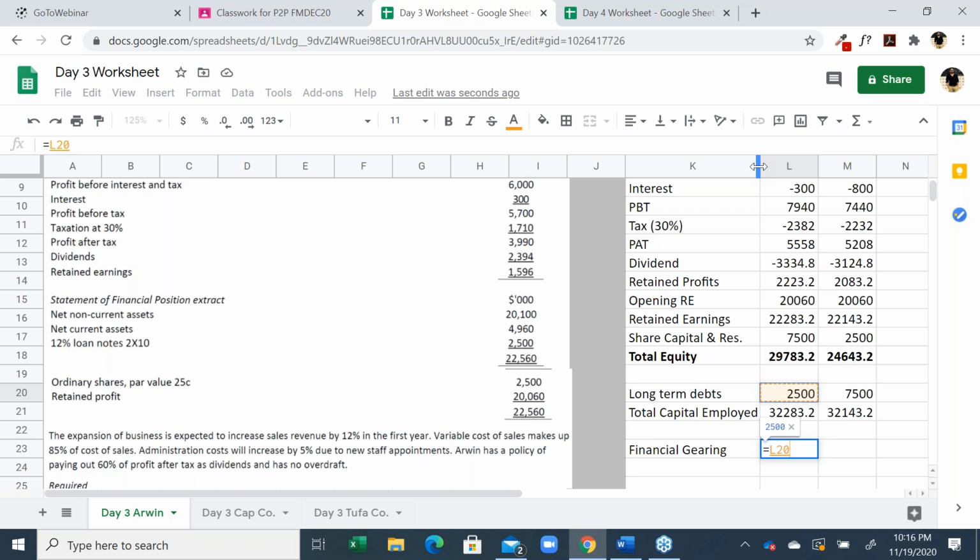We have 2500 of long-term debts compared with our total capital employed. So the gearing ratio will be 7.74% in this case and 23.33% in this case.